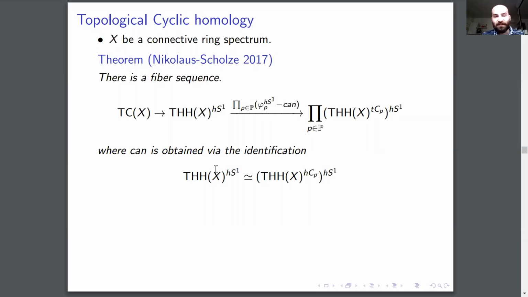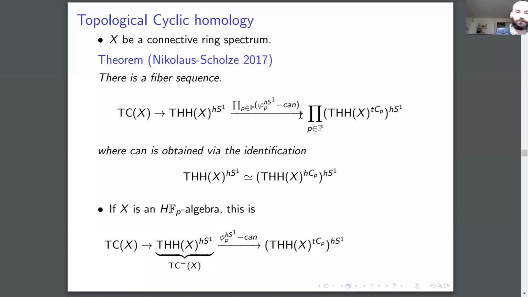So you can factor the middle term in here as first taking the CP fixed points and then taking fixed points with respect to S1 over CP. Well, S1 over CP is also S1, right? And then THH to the CP maps into THH to the tCP. And that's where this map can comes from.